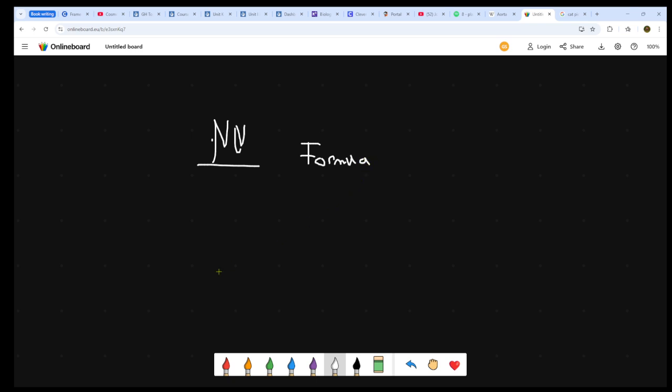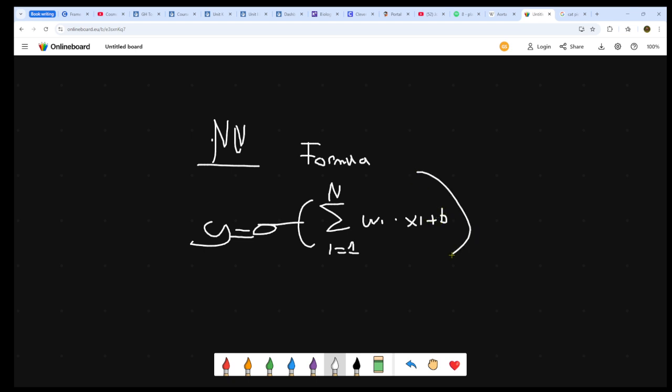The formula is represented by y equals the sum of n, i equals 1, w i times x i plus b.